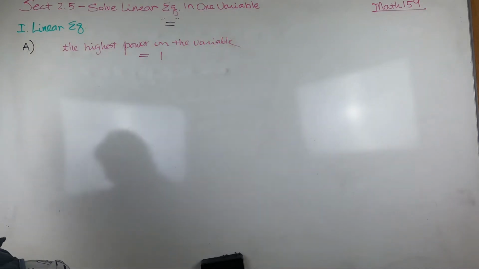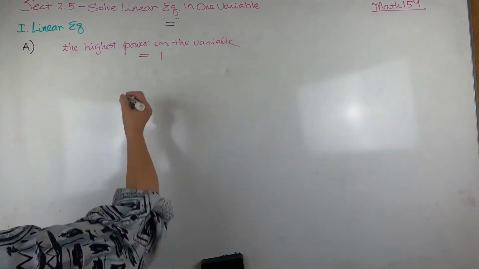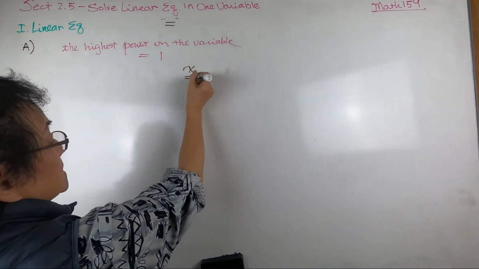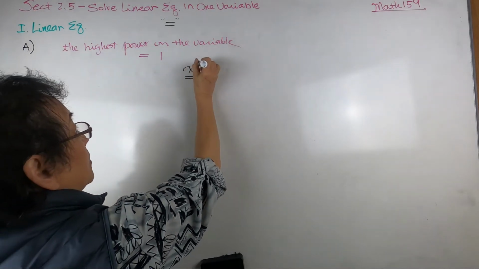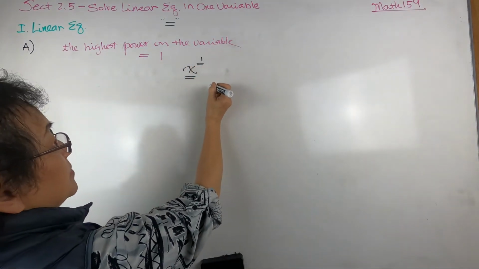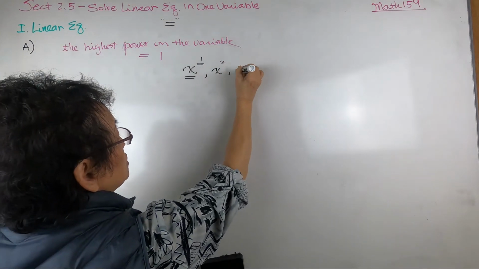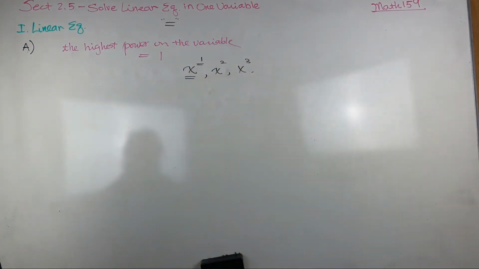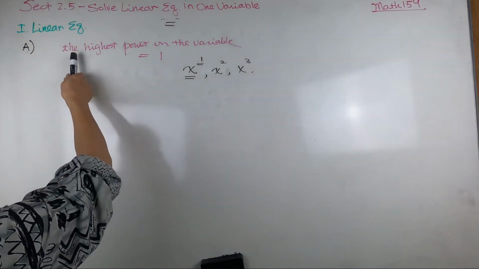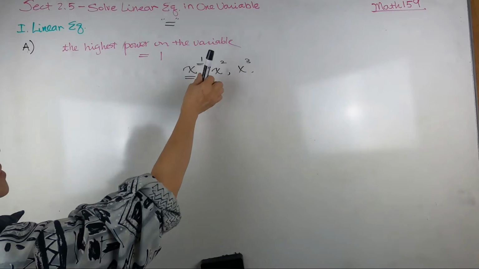One variable means x, right? x is your base. The power position can be 1, meaning x times itself once, or 2, or 3 times. The highest power on the variable has to be 1.